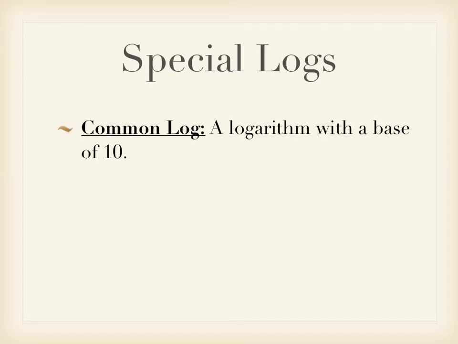One of the logs that comes up a lot is what's called a common log. And a common log is a logarithm with a base of 10. So ordinarily it would look like this: log base 10 of 100, something like that. However, because common logs happen so often, when it's a common log, we don't write the base.